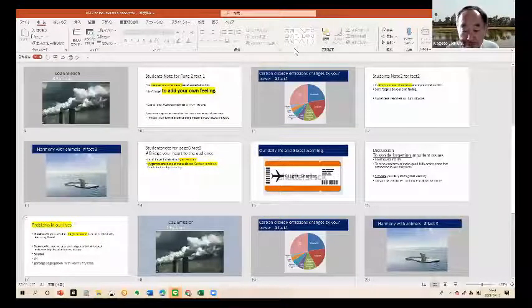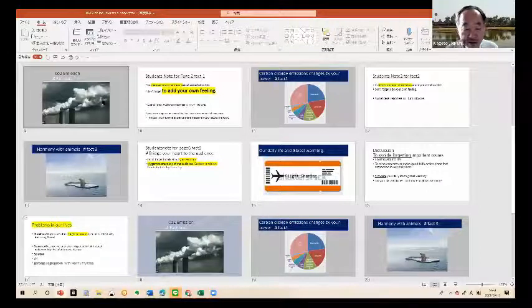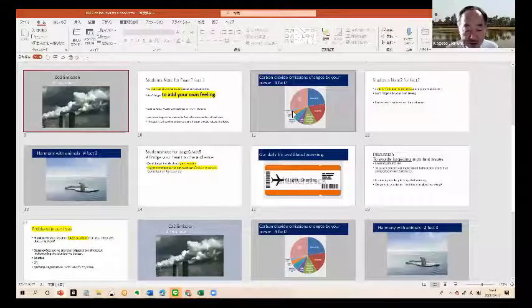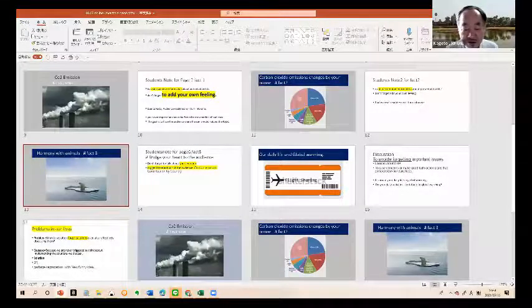Okay, my explanation is very simple. How to make the presentation. You can see 1, 2, 3 pictures.